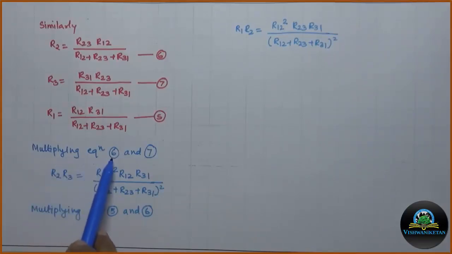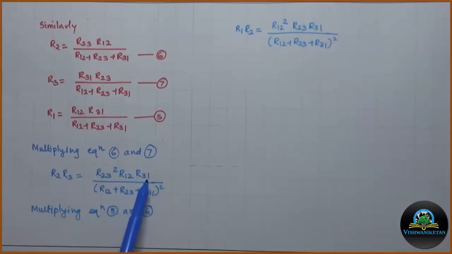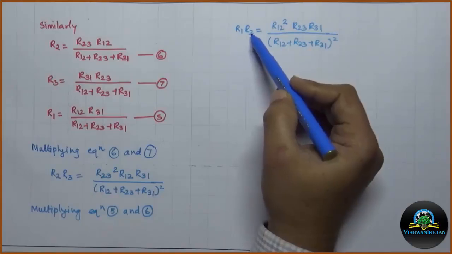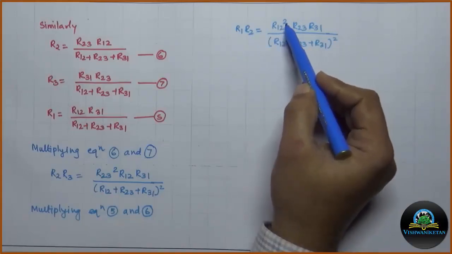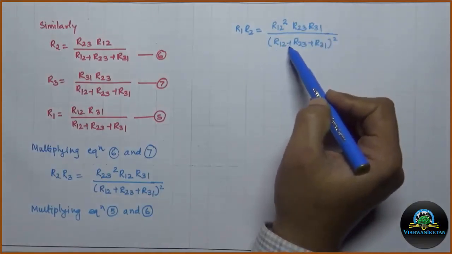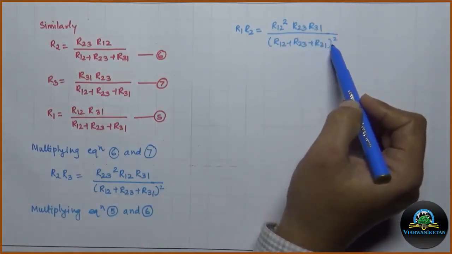Multiplying equation number 6 and 7, we get equation as R2 into R3 is equal to R23 square into R12 into R31 divided by (R12 plus R23 plus R31) whole square. Similarly, we will multiply equation number 5 and 6, which will give you equation as R1 R2 is equal to R12 square into R23 into R31 divided by (R12 plus R23 plus R31) whole square.